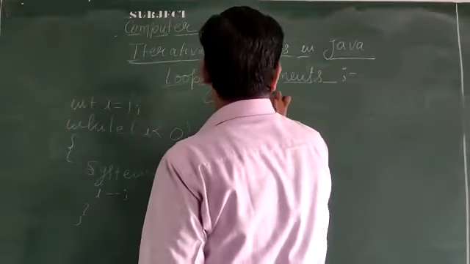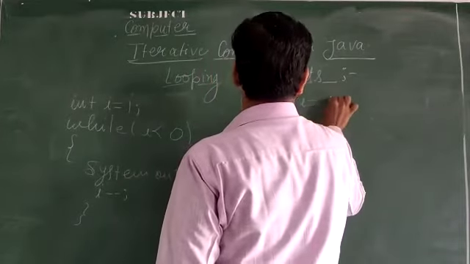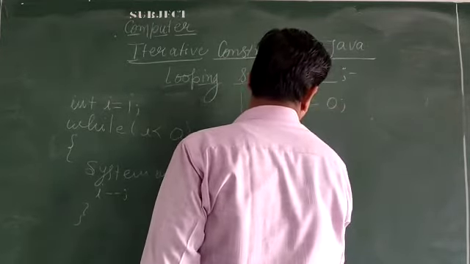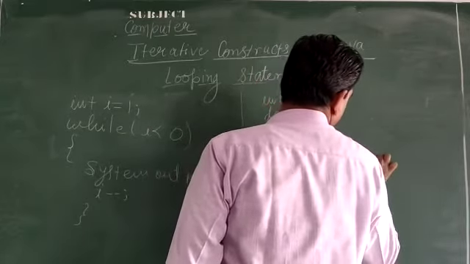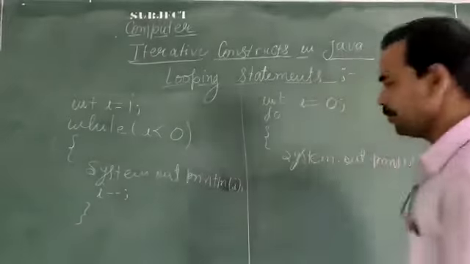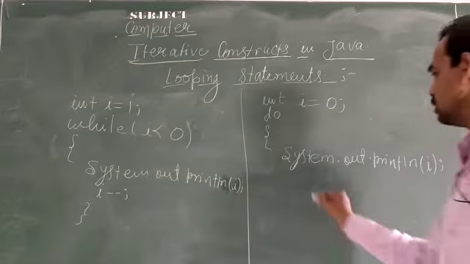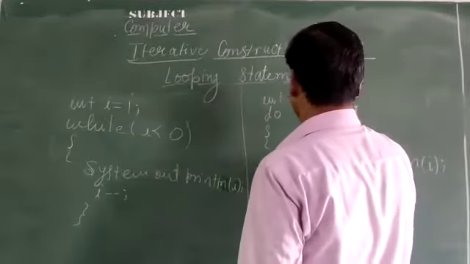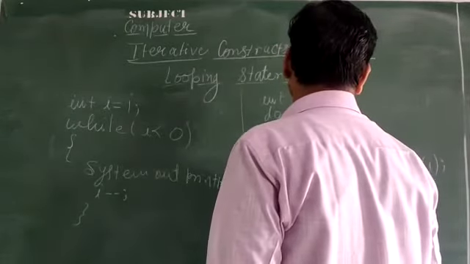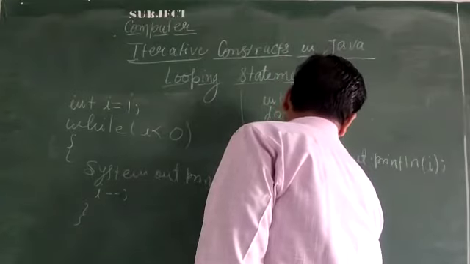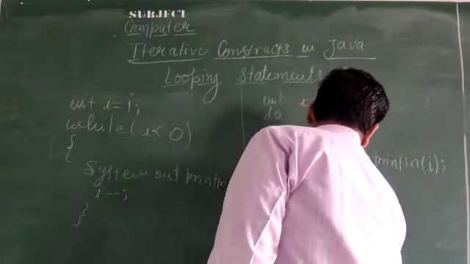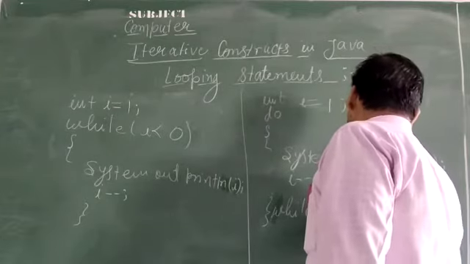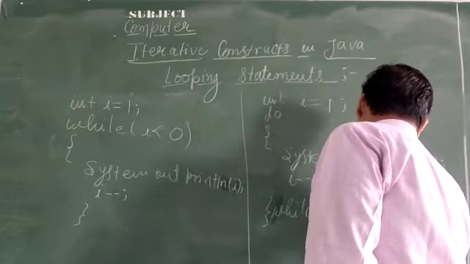The same loop I have written over here: int i is equal to 1, System.out.println, i minus minus, while i is less than 0.